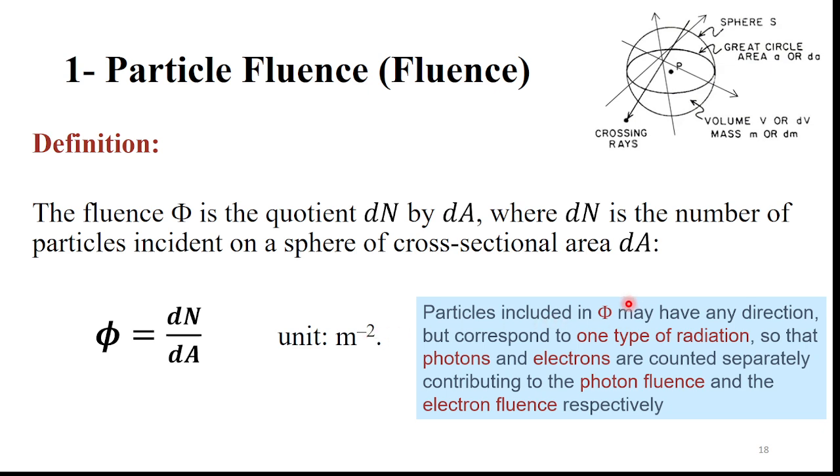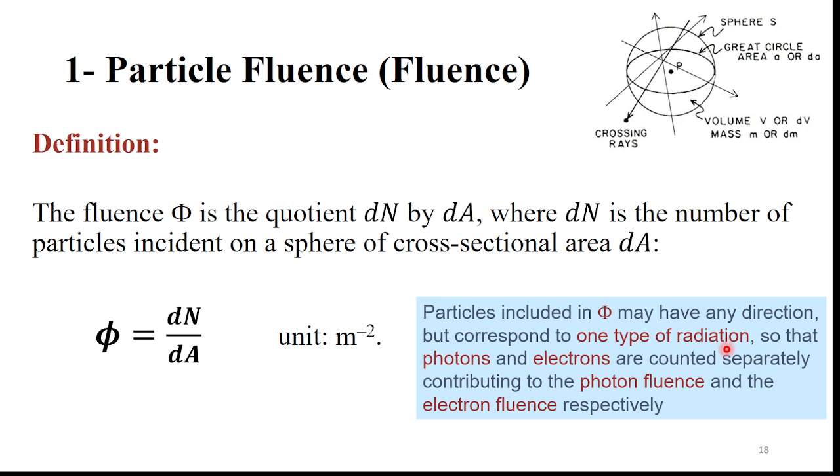Here we have some notes. A note is displayed in this slide. This note tells us that the particles counted or included in phi may have any direction, but correspond to one type of radiation. So the particles counted can come from any direction.